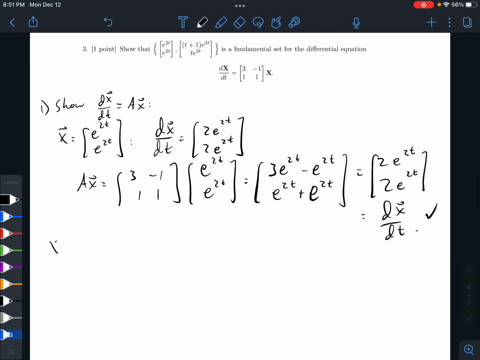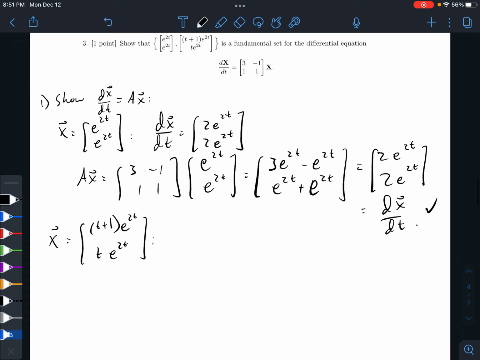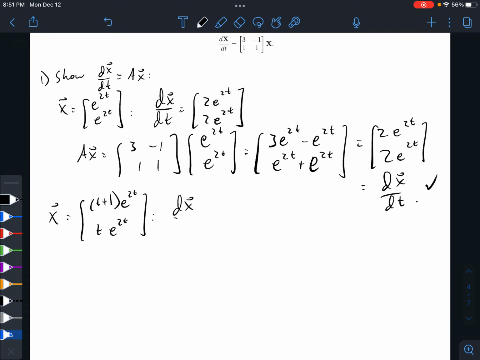So that's the solution. What about t plus 1 e to the 2t and t e to the 2t? Well, for dx/dt, we're going to have to do some product rules in here. The derivative of t plus 1 is just 1. And 1 times e to the 2t plus t plus 1 times the derivative of e to the 2t, which is 2 e to the 2t.